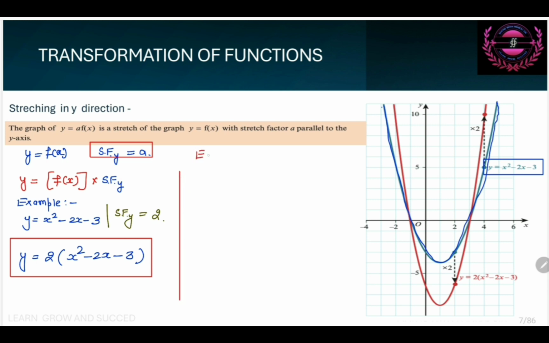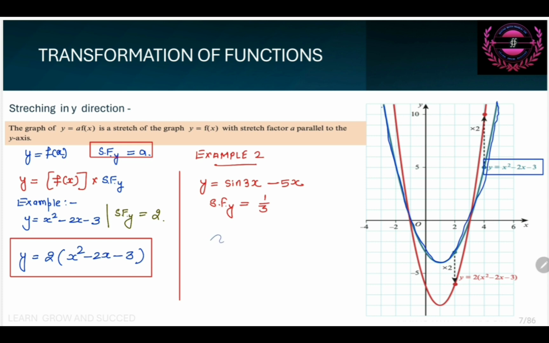This is example 2. Again we have y equals sine 3x minus 5x this time, and the stretch factor is 1 by 3 in y direction.